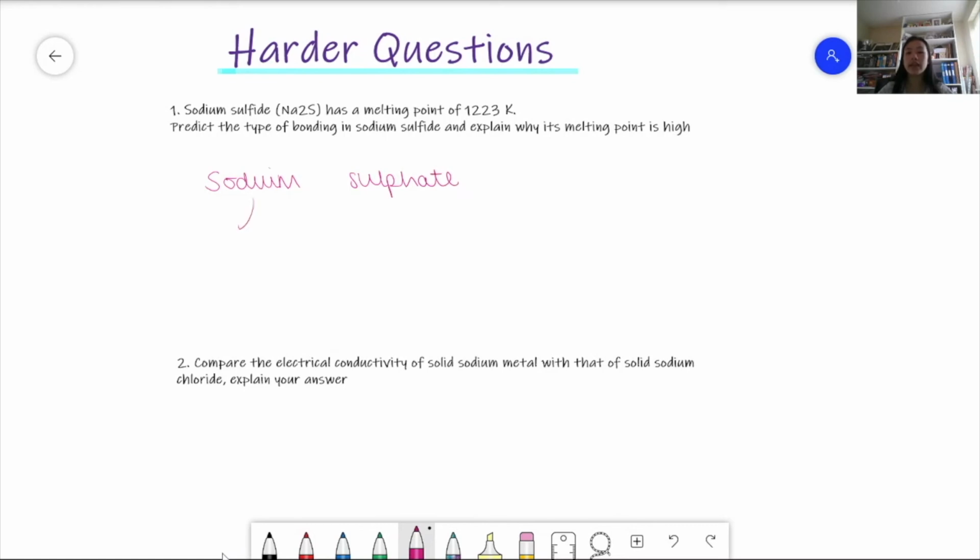And we can tell that sodium is a metal because it's in group 1, and sulfate is a non-metal because it's in group 6. And so a metal and a non-metal, that implies that we have ionic bonding.